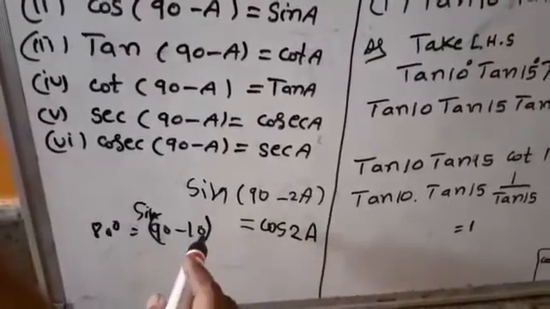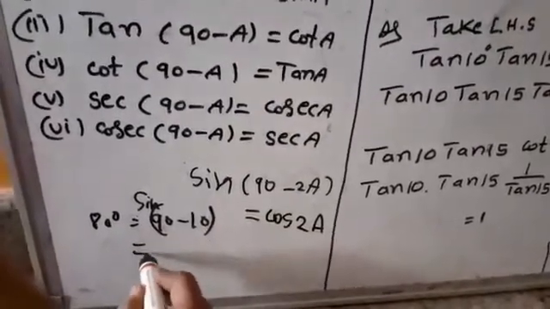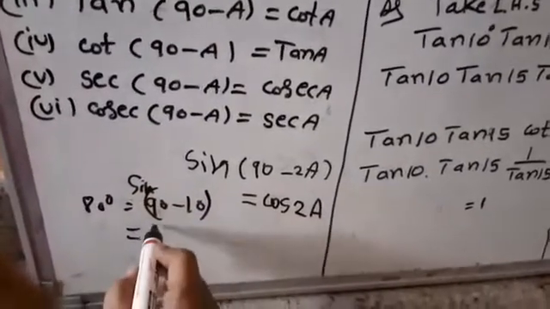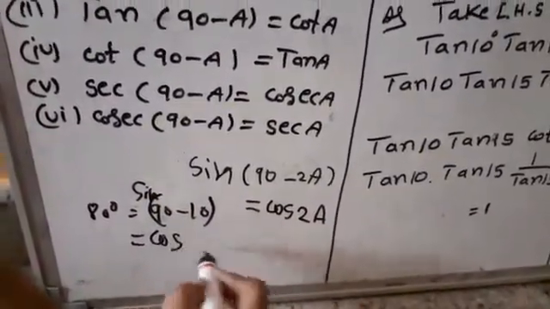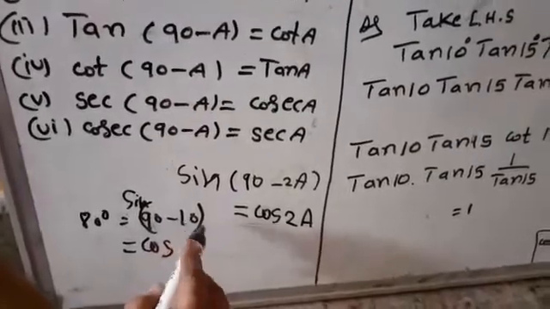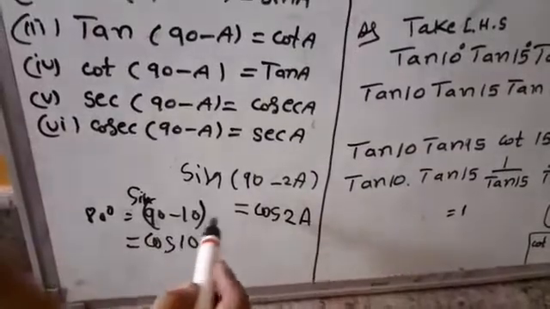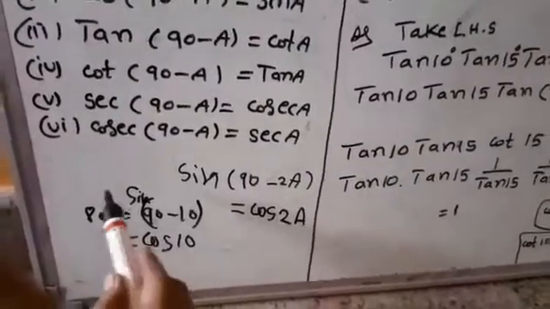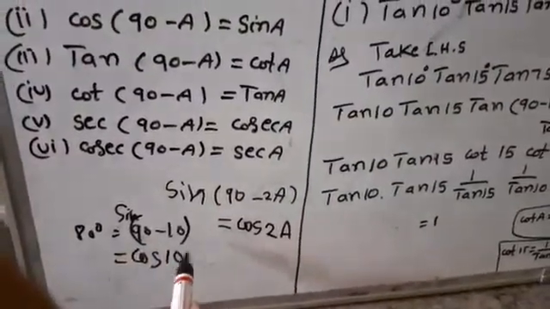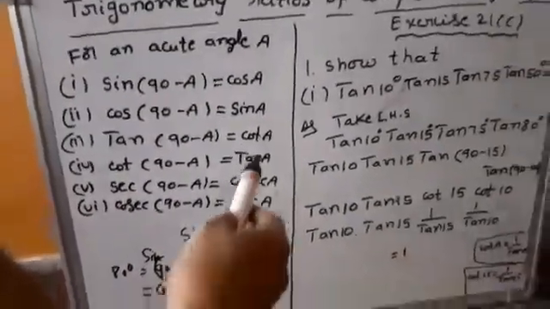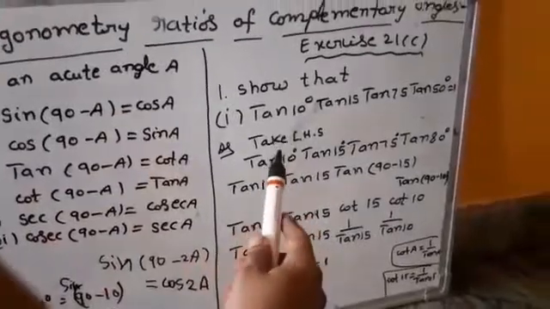Sine with 90 degrees means sine will become cos. Next, angle 10 is there, so it will come as 10. So sine of 90 minus 10 equals cos 10. Understand this example? This concept related to exercise problems I will explain.